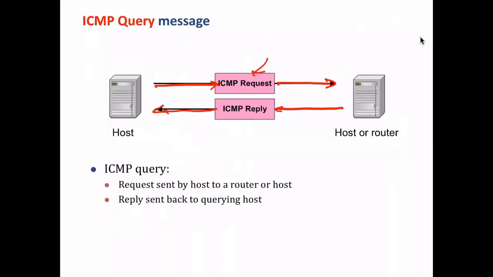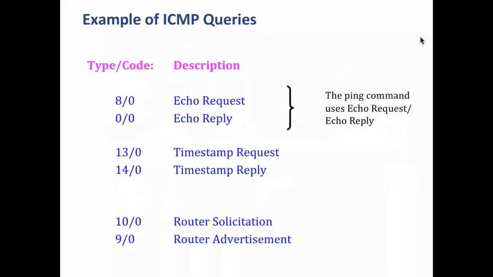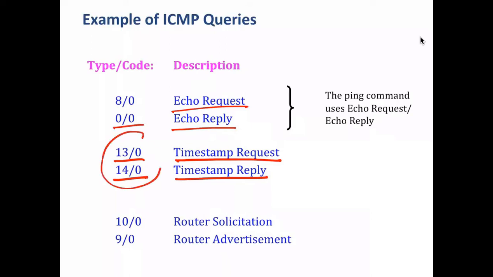Various combinations are like 8 0 for echo request, 0 0 for echo reply, 13 0 for timestamp request, 14 0 for timestamp reply. The header contains the type and code fields like this, but there will be some other information in the body of the message.